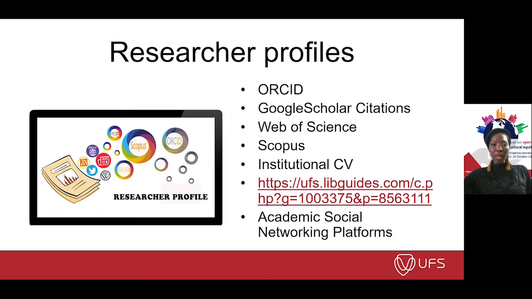And with regards to academic social networking sites, there are various platforms available to you. You can also create an institutional CV. There is a dedicated LibGuide in the library with information on how to create an institutional CV that you can use for academic exposure and visibility.